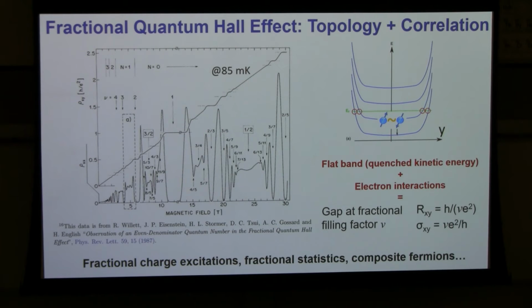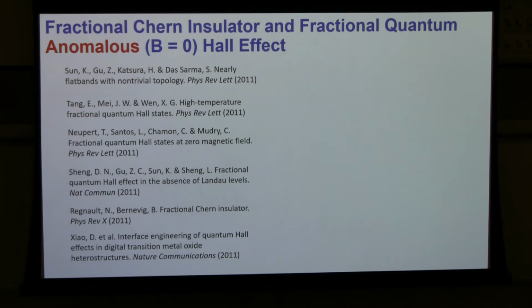Okay? And if you have such a ground state, it gives you a lot of interesting physics like fractional charge, fractional statistics, composite fermions, quasi-particles. And as we have seen, you can realize topology or the integer quantum Hall effect without using magnetic field, just by using the Berry curvature. Well, then people started to think about how you can do that for the fractional version of the quantum Hall.